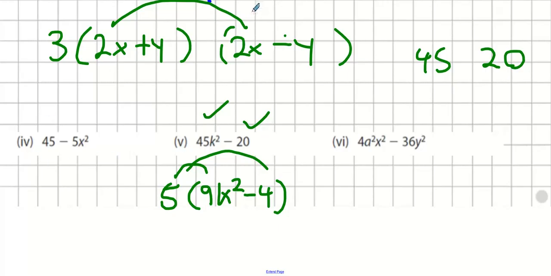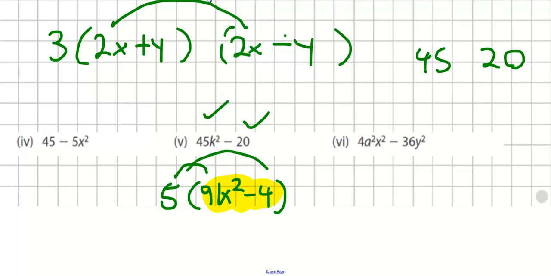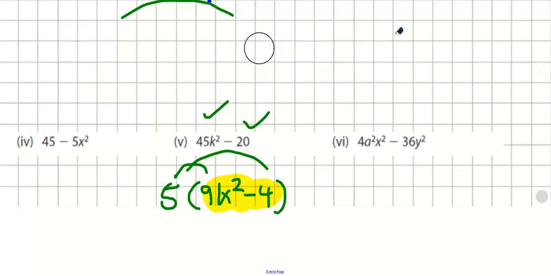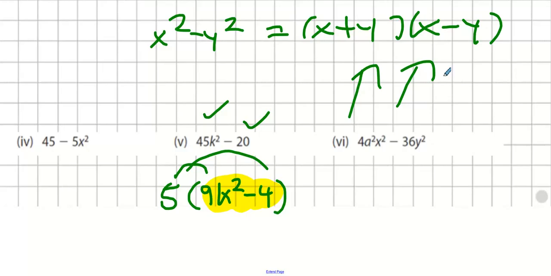Now, you're going to have to work on this part now. And this is what we were doing at the start of class. Do you remember how to do this one? We're using the difference of 2 squares. This formula up here. So, what happens when you square root 9?